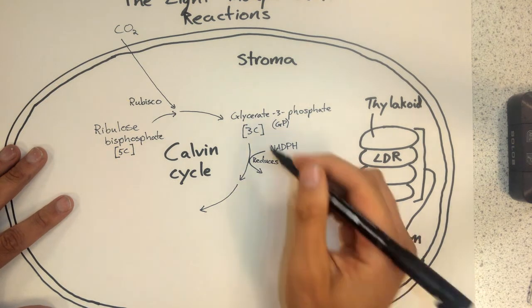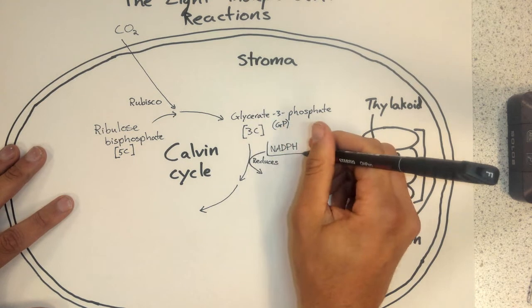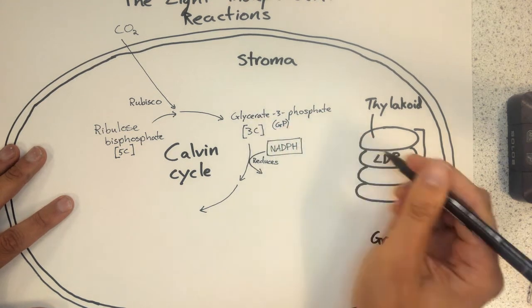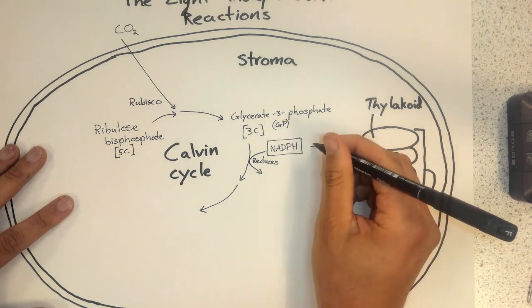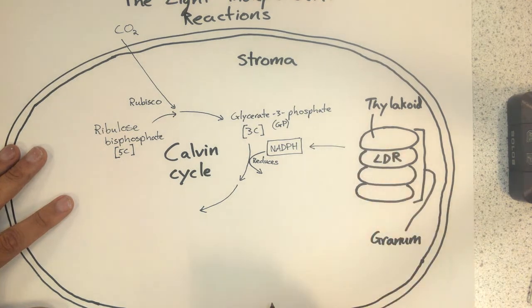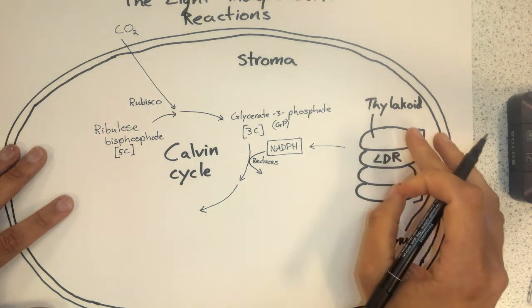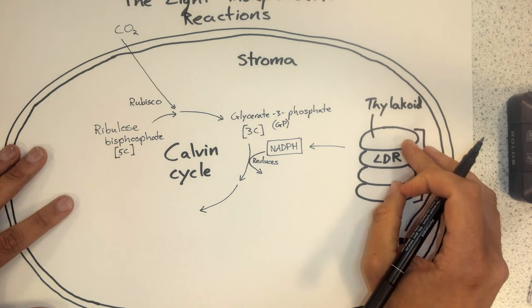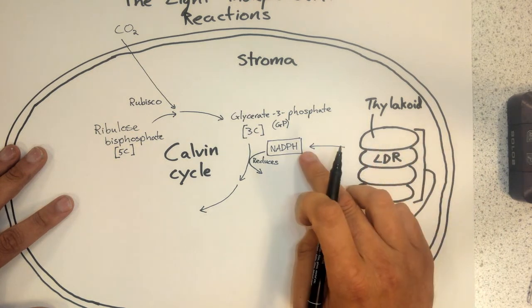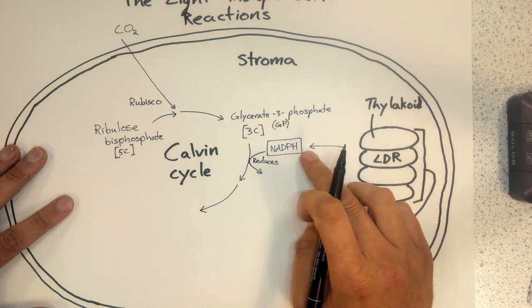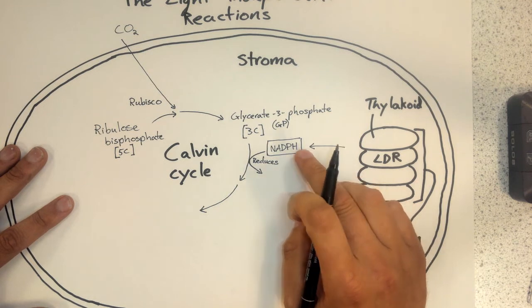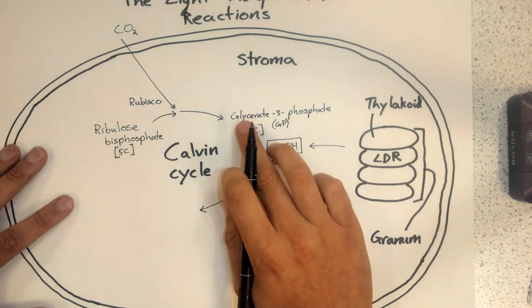This is a high energy electron carrier that was produced by the light dependent reactions. So the electrons from the light dependent reactions were transferred to this high energy electron carrier NADP to make reduced NADP, which in turn reduces the GP.